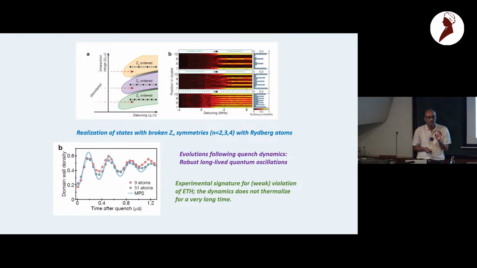But then what you do is that you suddenly change this detuning very fast compared to all other timescales in the problem and make it 0. Okay? So that you don't have any detuning anymore. You cannot make it exactly 0, but it's very close to 0. And then you see how this state evolves.